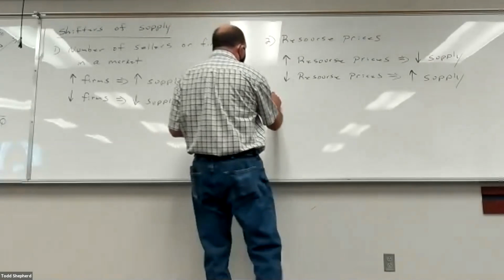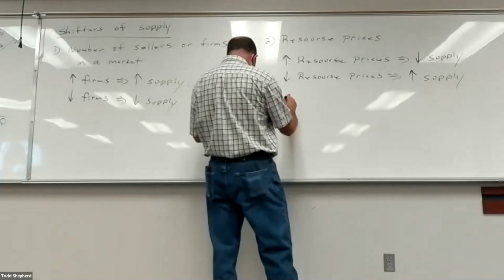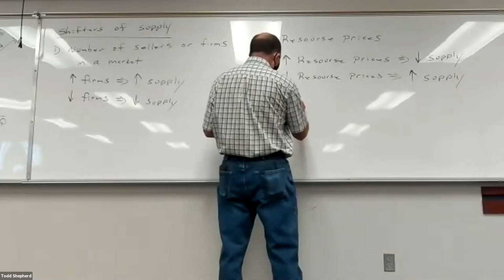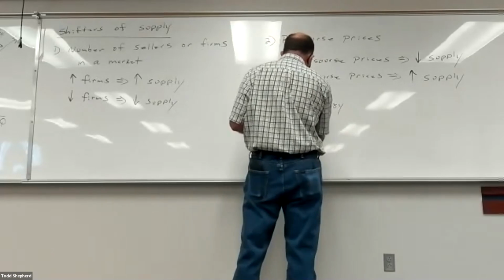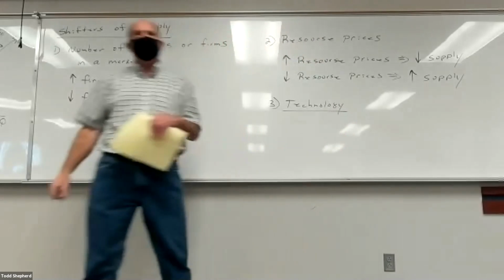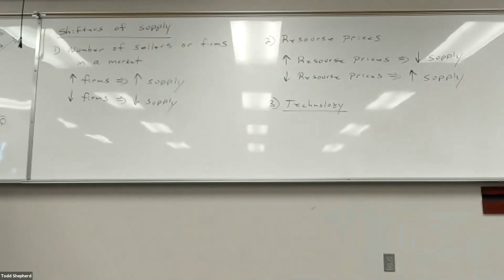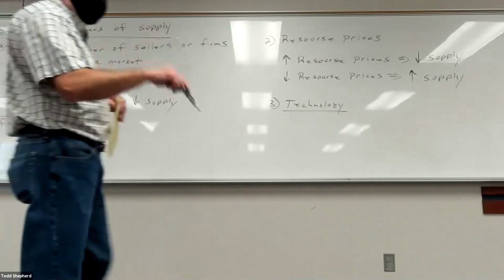The third one is going to be technology. Specifically production technology that we've been talking about since we were talking about the production possibilities frontier. Guys, technology, we know, makes it cheaper and easier to produce goods and services, and technology only works in one direction.